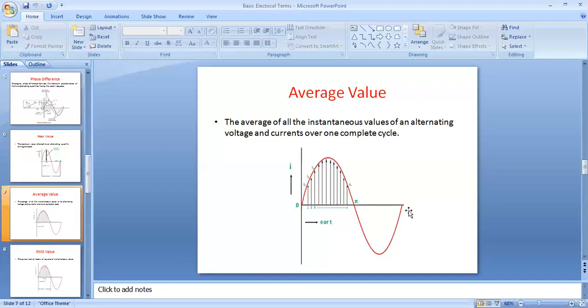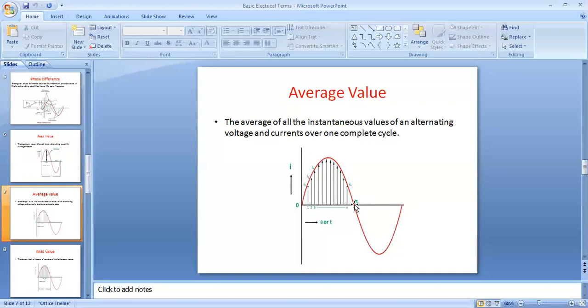So here we are going to see one example for understanding the average value. Here the positive half cycle, that means 0 to pi, is divided into n number of equal parts.